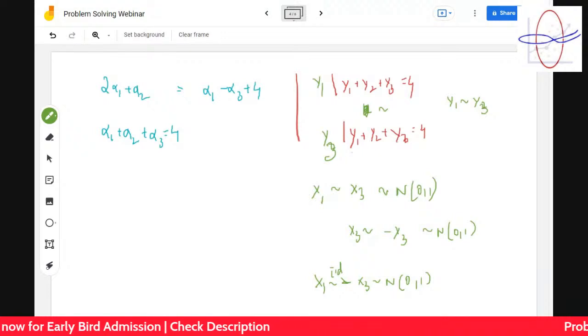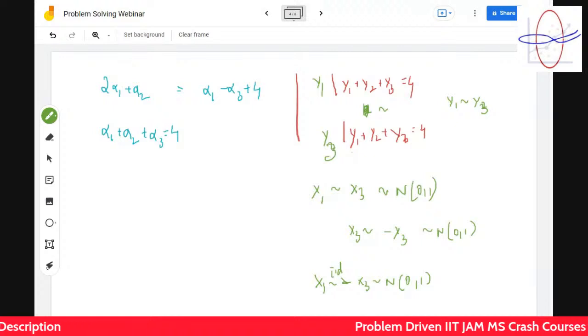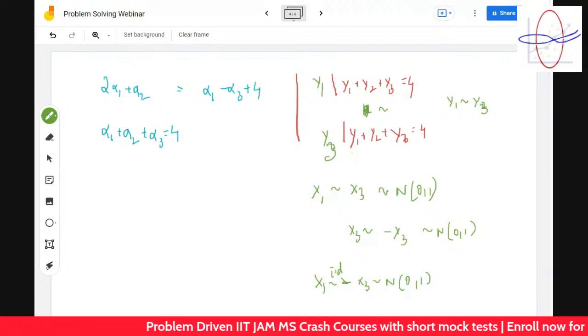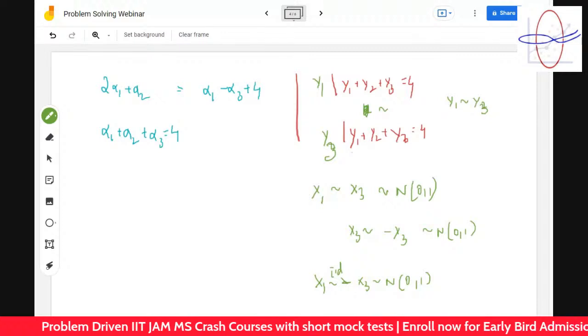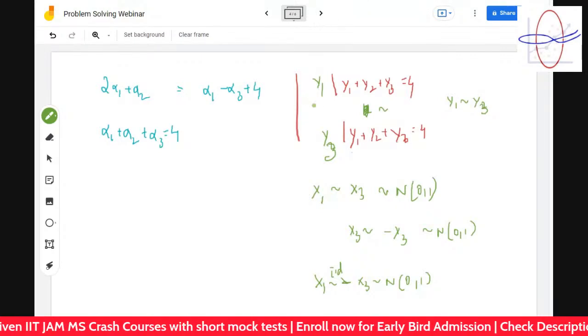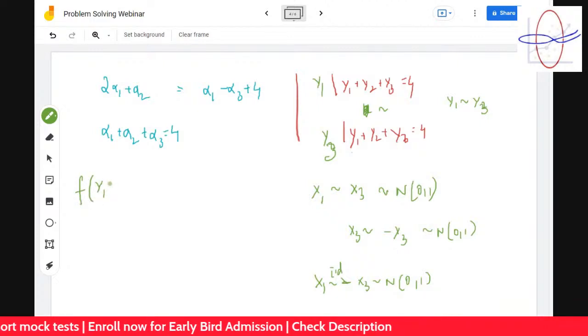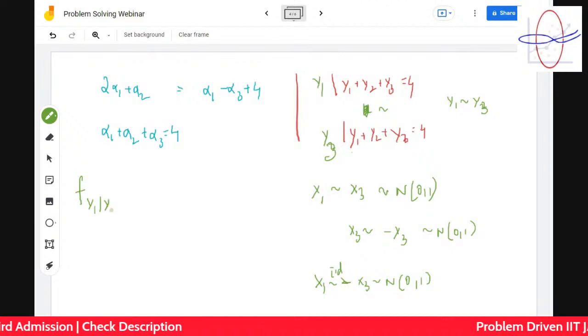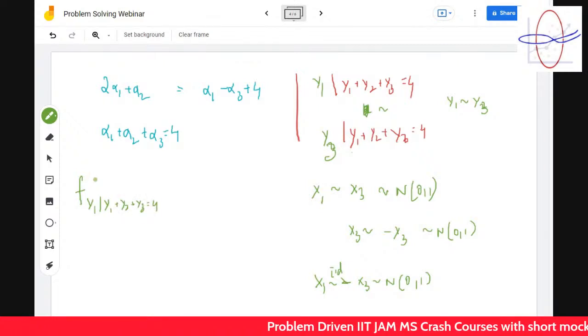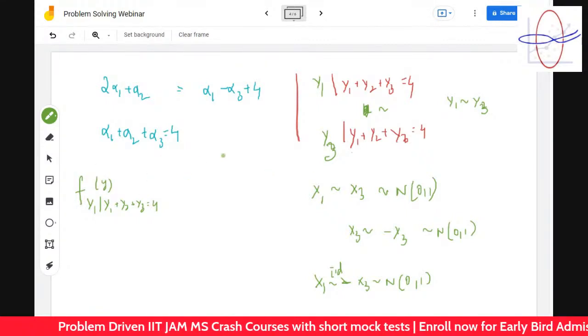So you can actually prove it mathematically over here by using the PDF. So how do you prove it mathematically? Let's do it. How to prove that they're equally distributed, or whether I may be wrong.